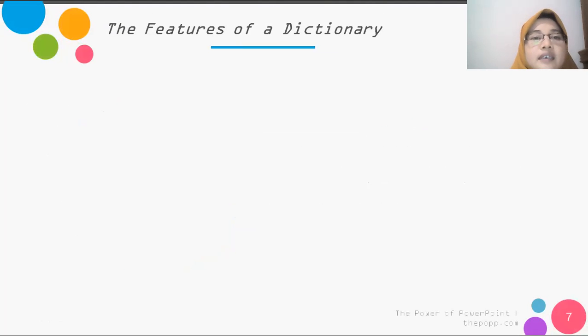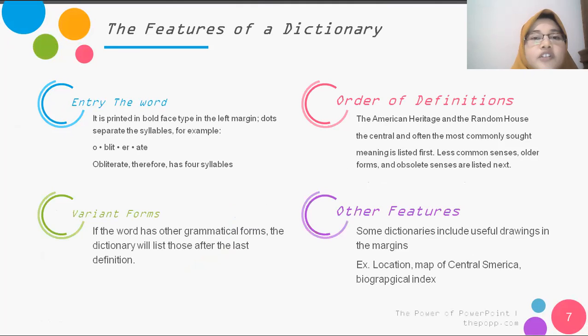We can see the features of a dictionary. The first is the entry word. When you look up a word in the dictionary and you want to know its meaning, you must find the entry word first.